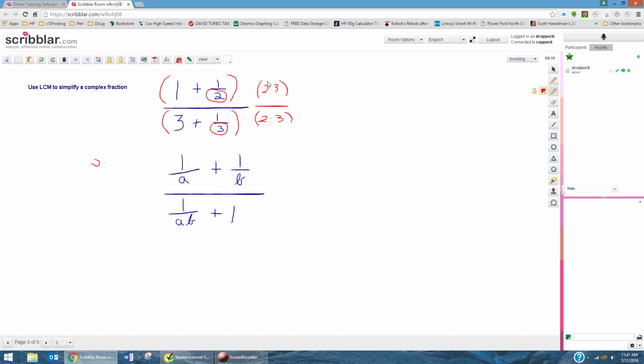Now when I take this 2 times 3 times the 1, when I distribute this 6 over the parentheses, I'll just get a 6. But when I take the 2 times 3 times the 1/2, the whole key is that these 2's cancel out. 2 goes into 2 once. 1 times 3 is 3.